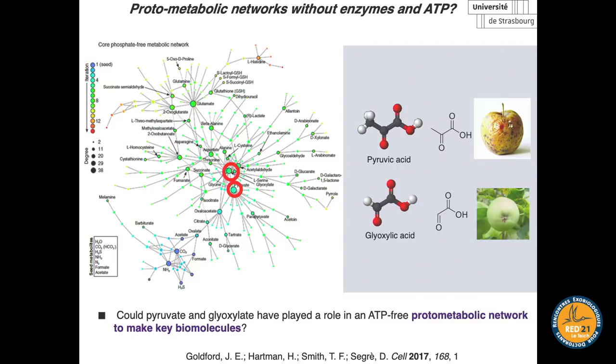So as chemists, we looked at these compounds and we saw, okay, well, these are carbonyl compounds. They can react with one another. And if they're so central, then perhaps the early emerging biochemistry that did not depend on ATP depended very heavily on these two compounds, if they are so central in this network, in the simulation.